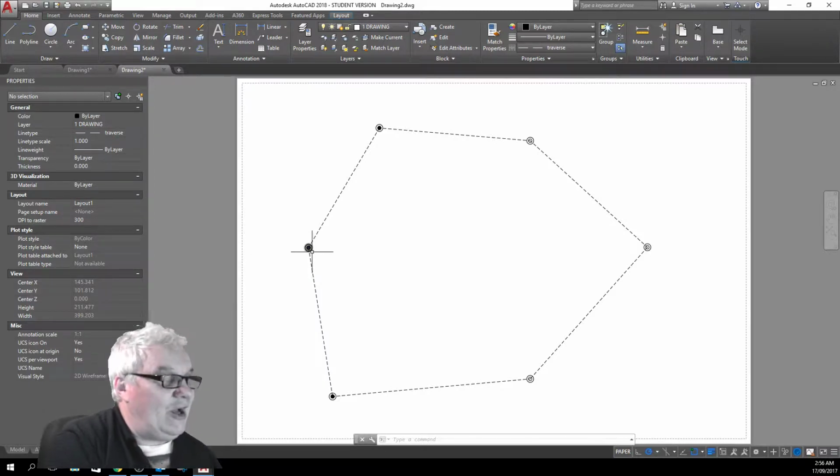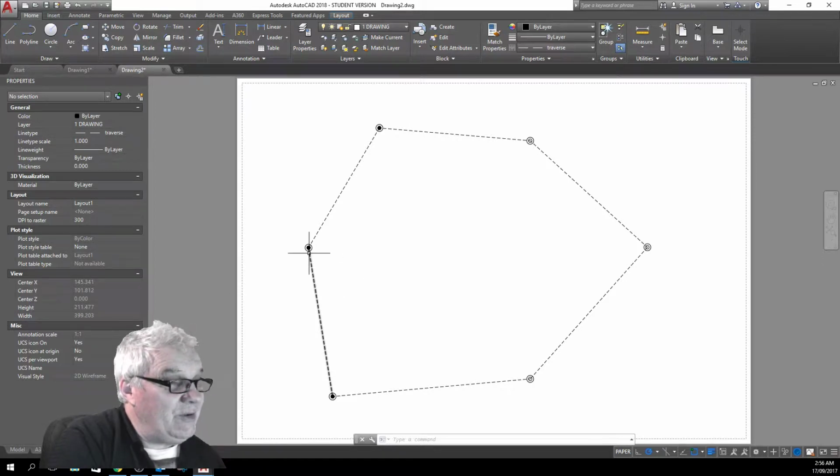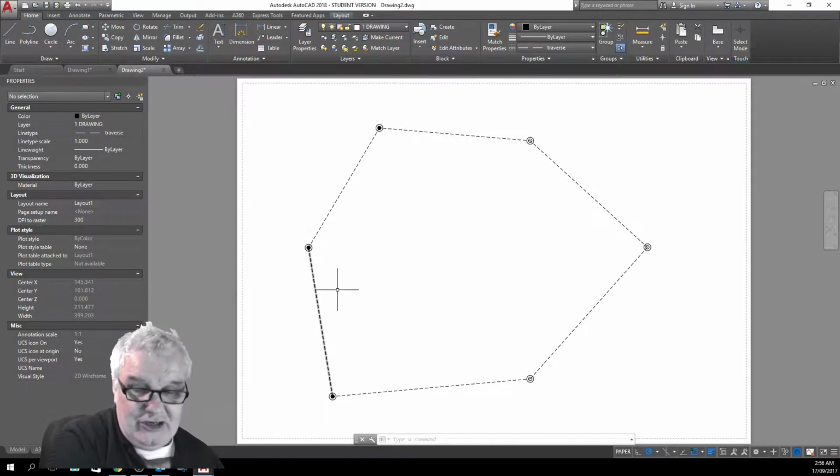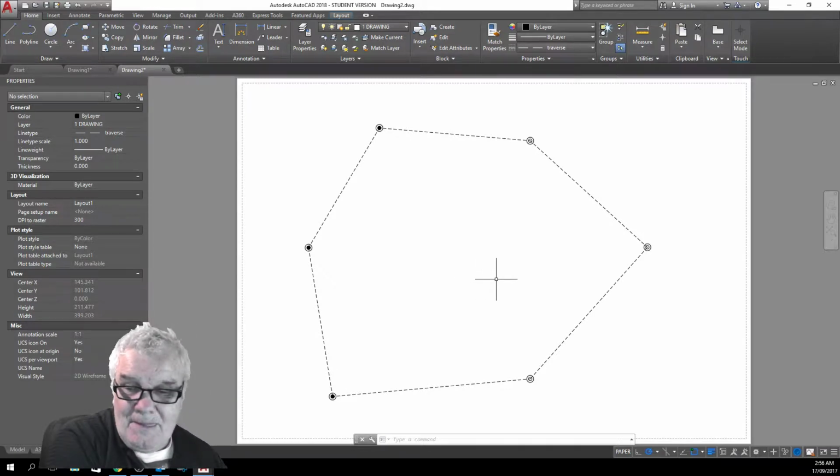So we make slight adjustments to each one so that it does close, so that the point we start on is the point that we finish. Every point can only have one unique coordinate in the whole world, so we have to make sure it's the right coordinate, and we make little adjustments.